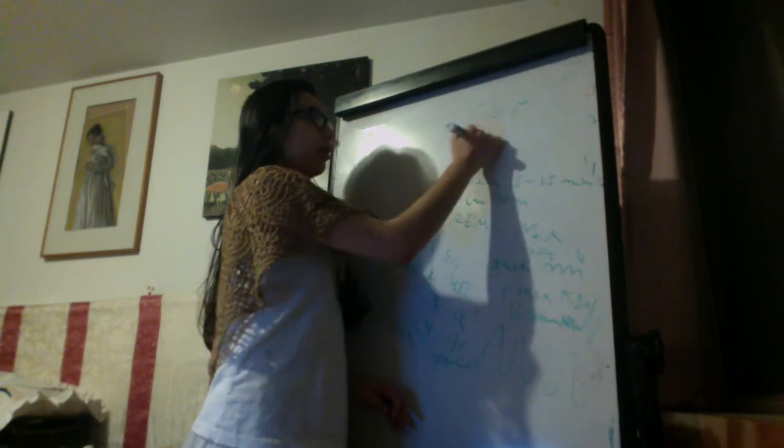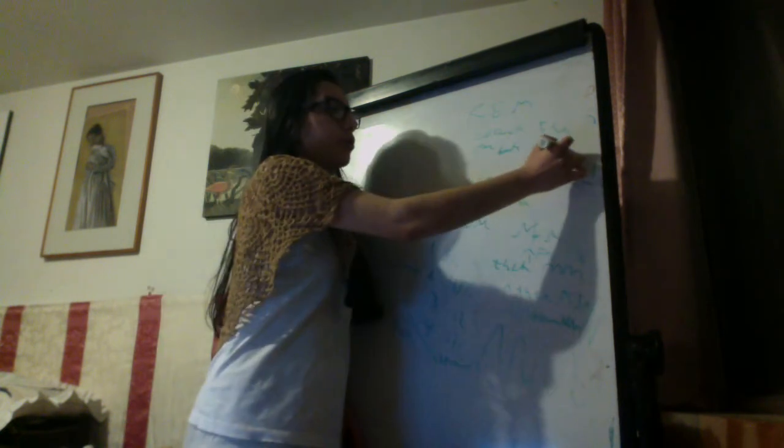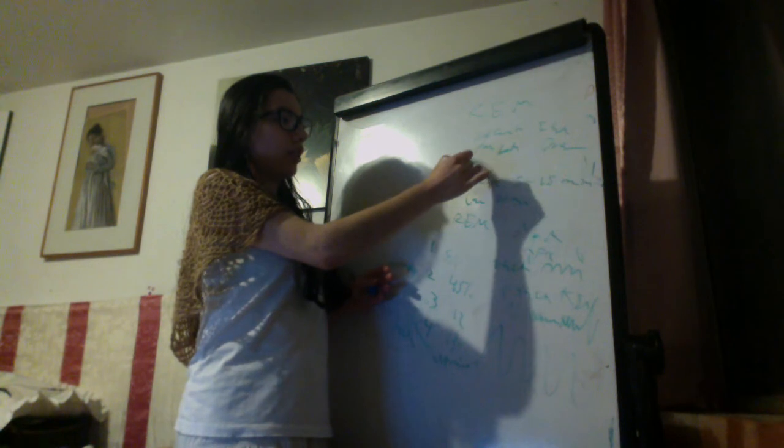REM is rapid eye movement, and this is because in the REM stage the brain is active in a paralyzed body. The muscles are paralyzed, so here is where dreaming occurs. Also there is an increase in acetylcholine and sexual arousal.